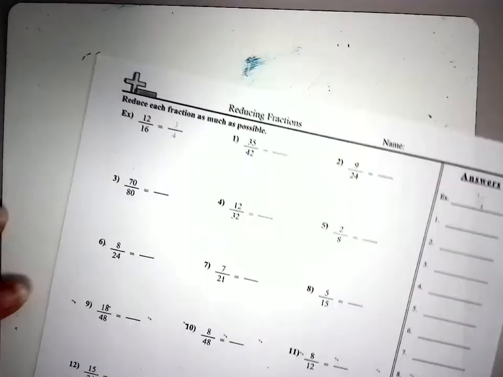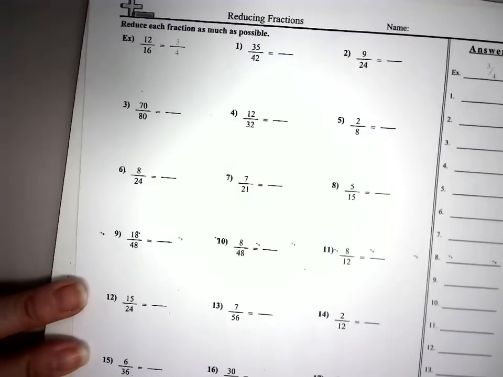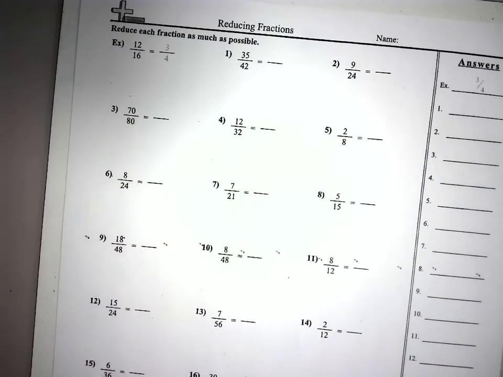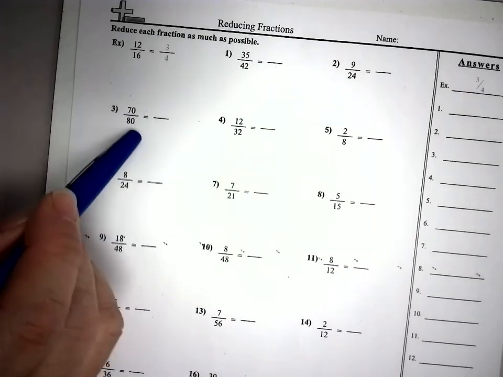Well, I want you to look at your paper. There are going to be some that are a little bit more complicated. And this is where your multiplication facts are really going to come in handy. So if I look at 70/80ths, that's going to take me a really long time to do all the factors of 70 and 80. But one thing I can do is I know that it ends in 0.